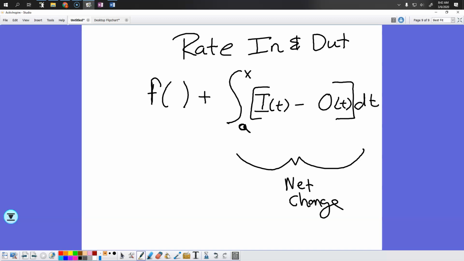The starting amount is whatever your function's value was at A. So if you take the starting amount and you add to it how much change has occurred, that will tell you the final amount. So the final amount is equal to the starting amount added to the net change. And so we have this little formula here for calculating outcomes using integrals, okay? So that's what we learned last time.